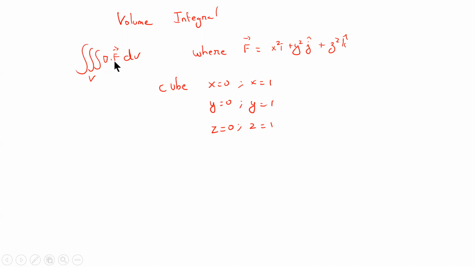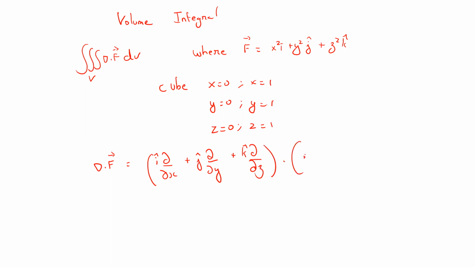This del dot f is nothing but the divergence. When you compute the divergence, you get a scalar. Del is i dou by dou x plus j dou by dou y plus k dou by dou z, and you're taking a dot product with f, which is x square i plus y square j plus z square k.